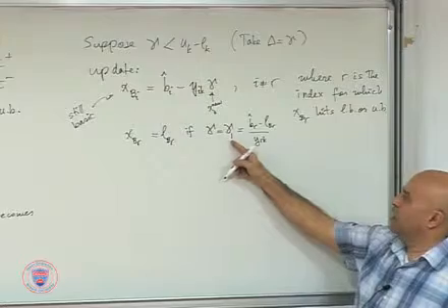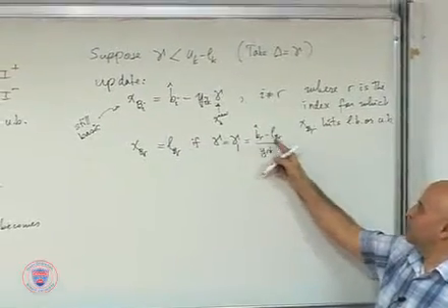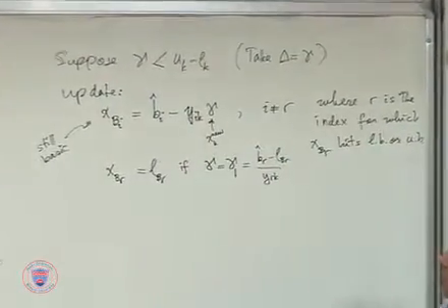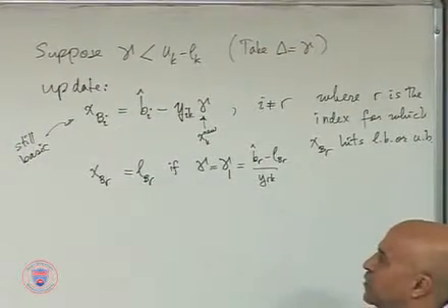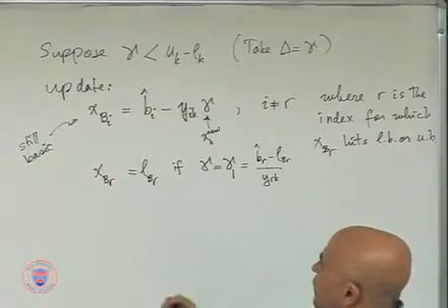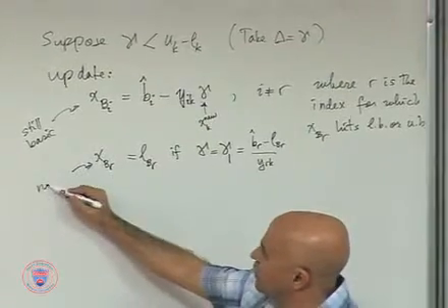So if gamma is realized by gamma 1, a minimum ratio coming from the plus set, then xbr goes to the lower bound and becomes non-basic now.